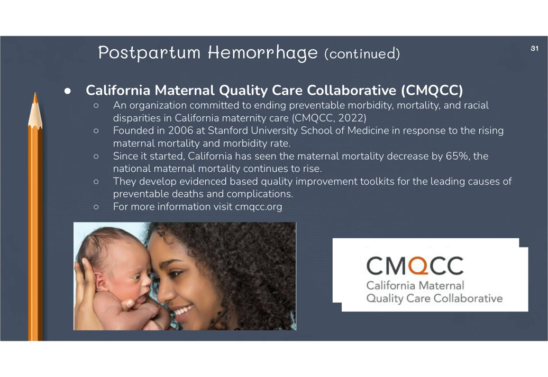It has been around a while here, since 2006, and it was because there was a rise in maternal morbidity and mortality. And so a group of folks got together in 2006 and began this CMQCC with the goal to save people's lives. Since it's been started, the mortality rate in California has decreased by 65%. So that's really good. So whatever was happening in this collaborative group is working to save people's lives.